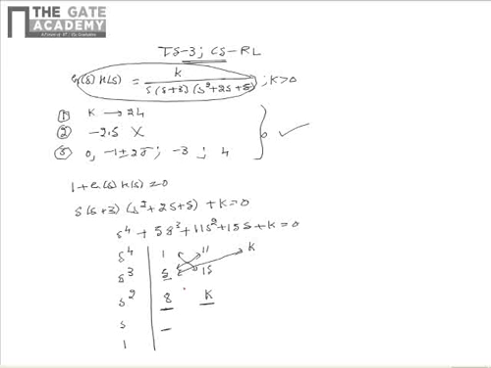And the entry at this point can be written as (8 multiplied by 15 minus 5 multiplied by K) divided by 8, which upon simplification can be written as (120 minus 5K) divided by 8, and the entry at this point is K. We know that for stability, the entries in the first column should be greater than 0.